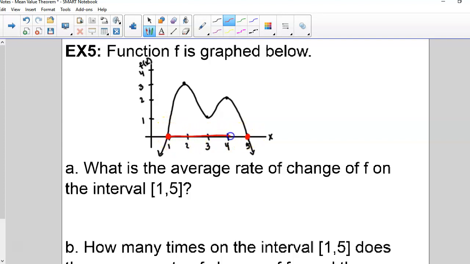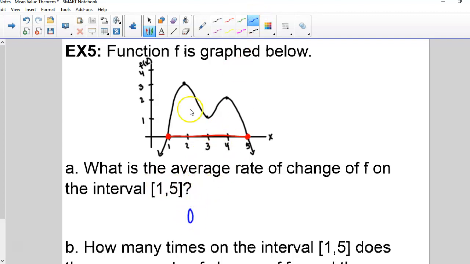Sometimes I've got to do the slope formula, but when I graph that right there, what is the slope of the line through the endpoints? Here it is 0, right? Because we just have a horizontal line. So the average rate of change of f on 1, 5 is 0.